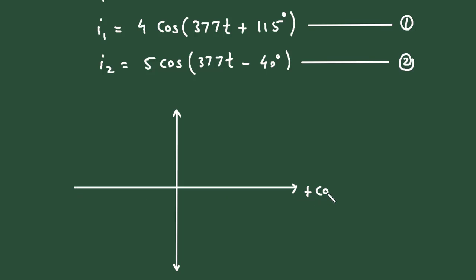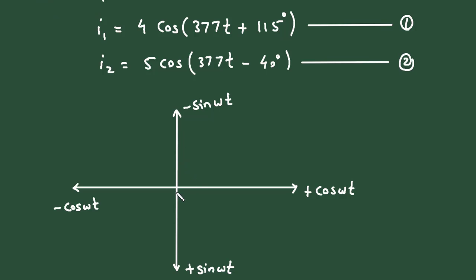This is plus cos omega t, this is minus cos omega t, this is plus sin omega t, and this is minus sin omega t. Now the amplitude of I1 is 4 and the angle is 115 degree.